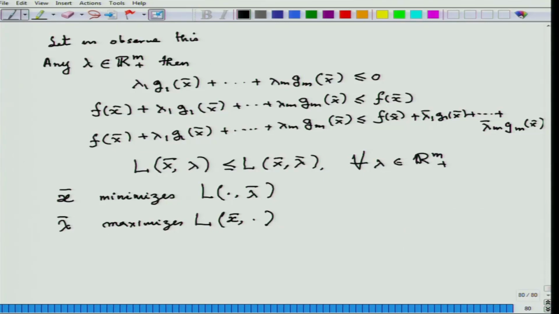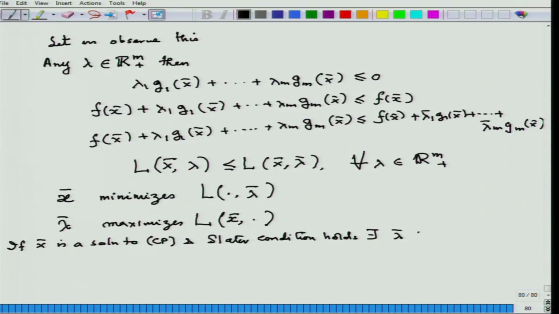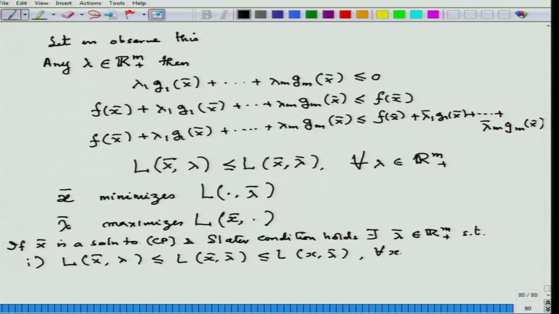All this story that we were telling can now be summarized: if x bar is a solution to CP and the Slater condition holds, there exists lambda bar in Rm plus such that, number 1, L of x bar, lambda is less than or equal to L of x bar, lambda bar, which is less than or equal to L of x, lambda bar for all x in X and lambda in Rm plus.